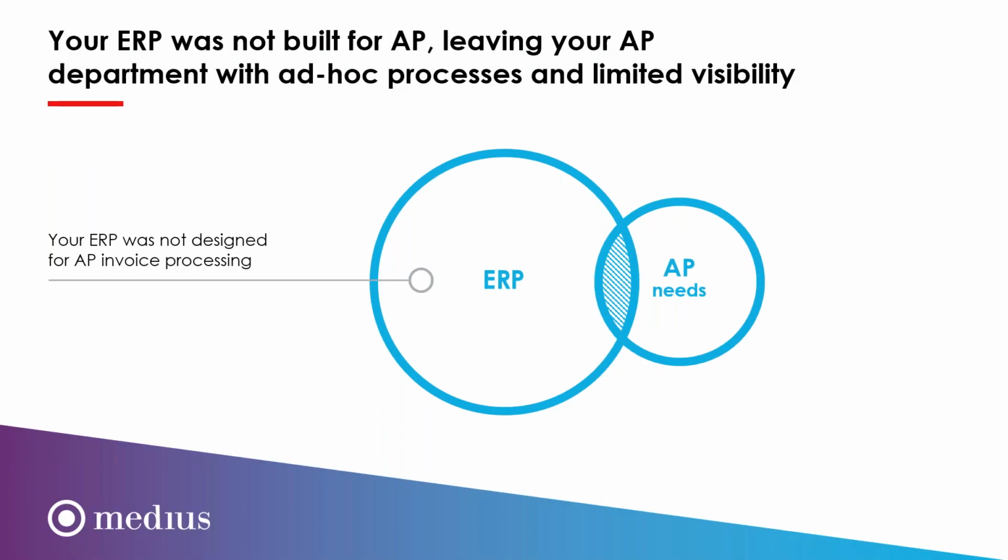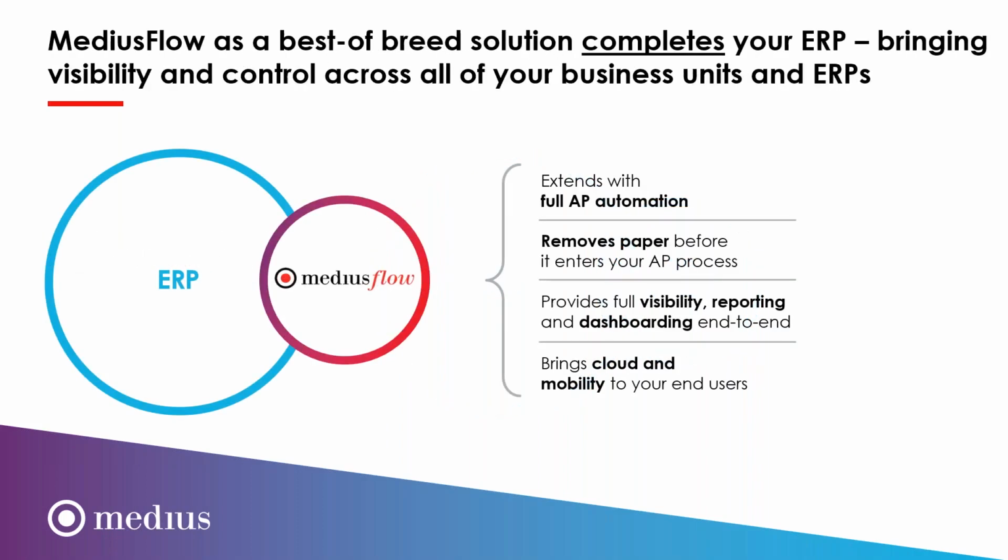First of all, your ERP was not built for AP, leaving your AP department with ad hoc processes and limited visibility. Medius Flow, as a best-of-breed solution, completes your ERP, bringing visibility and control across all of your business units and, if needed, all your ERPs or even different ERP versions, like, for example, AX 2012 in combination with Dynamics 365 F&O.